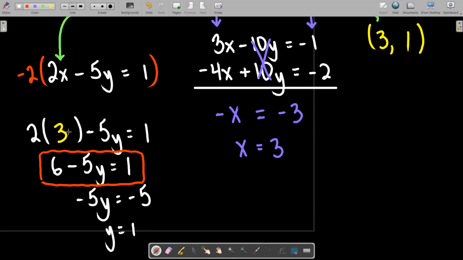What Brendel's saying is, could I take the -5y and move it to the right side, making it positive? Sure. And then the trade-off is I have to take the 1 and get it off the side. So then the 1 goes to the other side and becomes a -1, and 6 minus 1 is 5. And whether you do it that way or my way, you're still going to get 1.